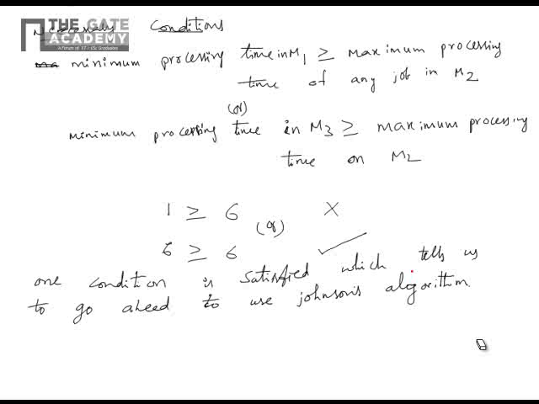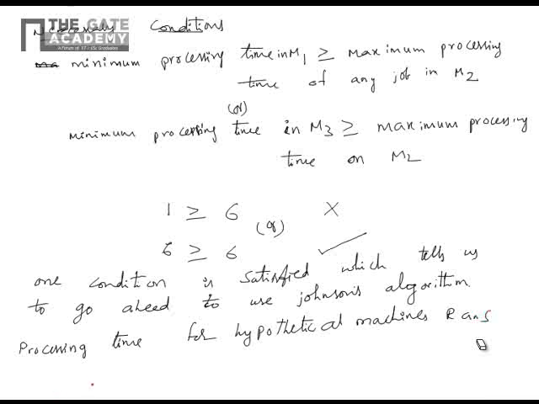So now we need to calculate the processing time for hypothetical machines R and S. Jobs J1, J2, J3, J4, J5, J6.